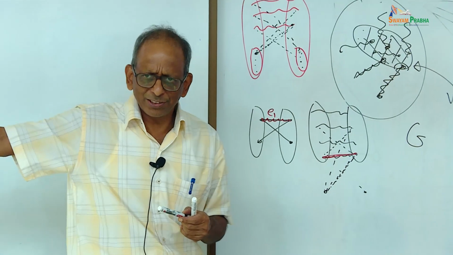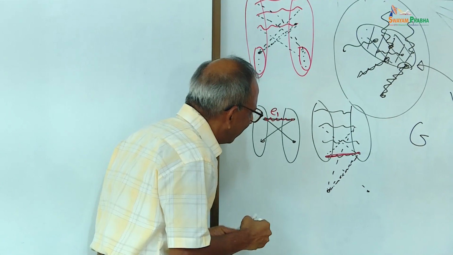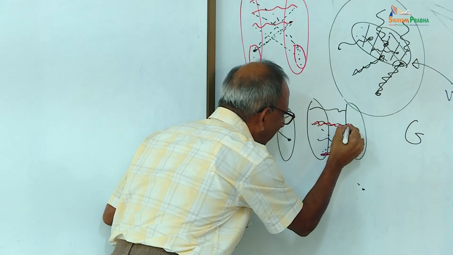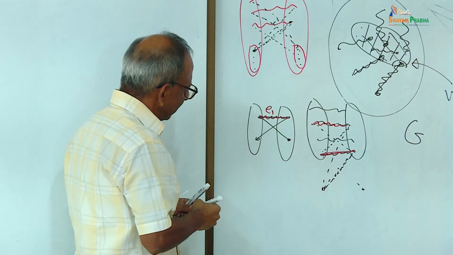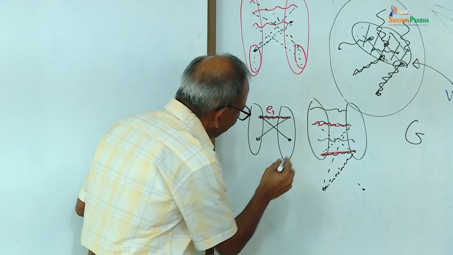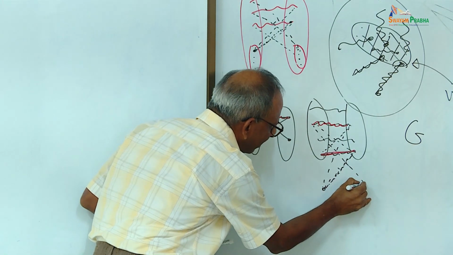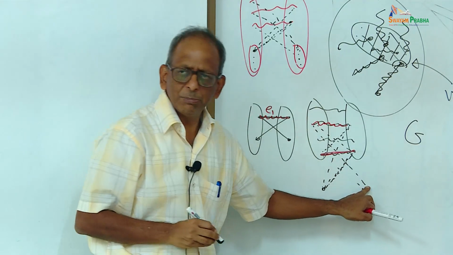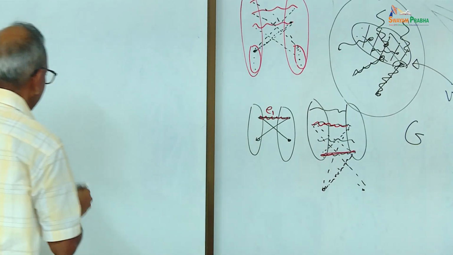I'm giving you an idea. Later on we will write it down. Then I have a matched edge here, and maybe this one has a free neighbor. So what does the picture look like?